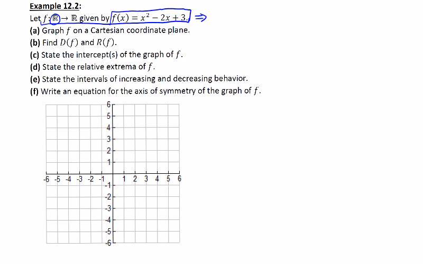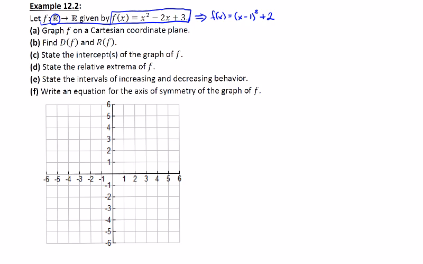Fortunately, we have already developed the vertex form for this equation. We did that back on example 12.1a. So the vertex form equivalency to this would be f of x is equal to x minus 1 squared plus 2.